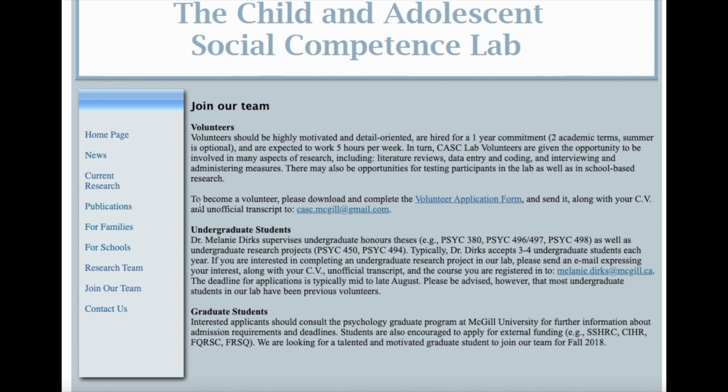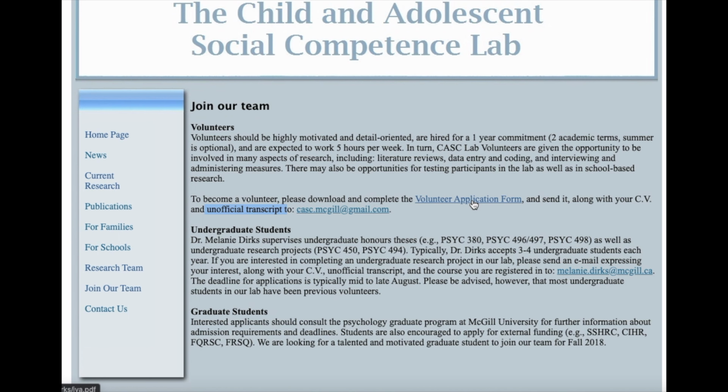Then, if you read further along, you can see the specific requirement for the application procedure for volunteer research assistant. Here you can clearly see that they are asking you to fill a volunteer application form and to send this form along with your CV and unofficial transcript to the following email address.